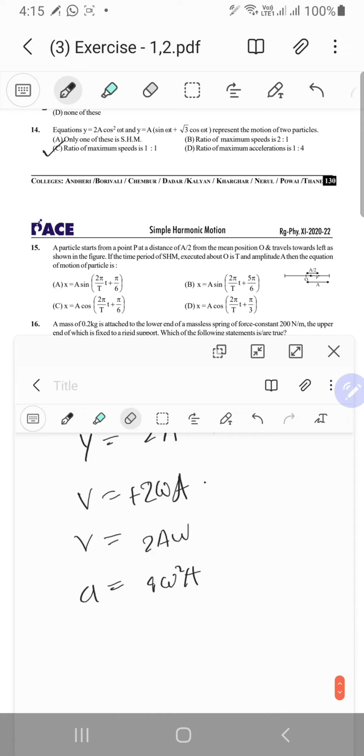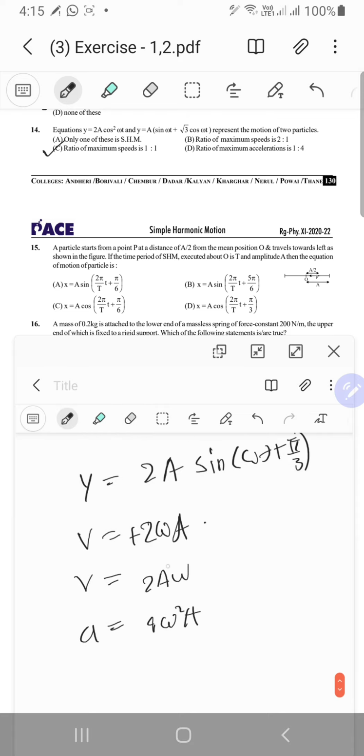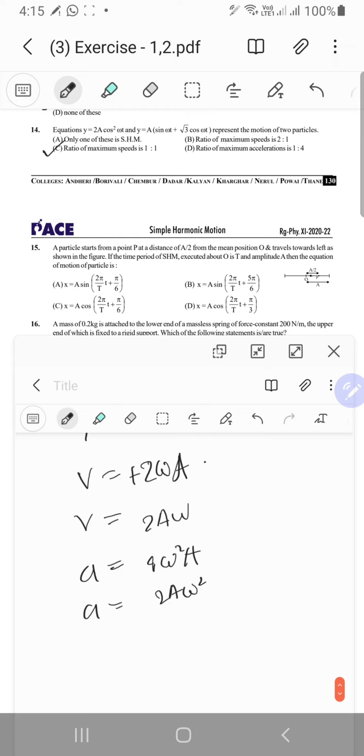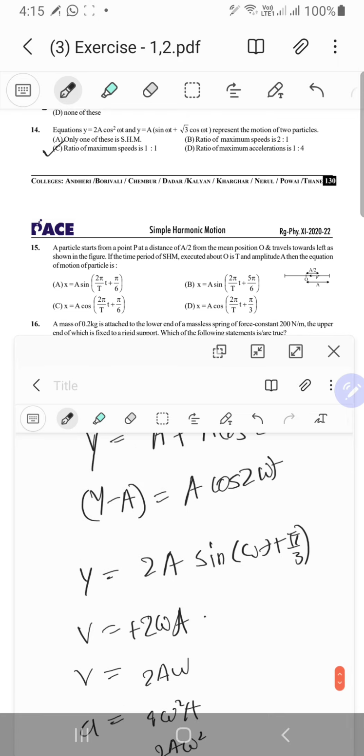And over here, we just get this thing squared, so just 2a omega squared. So the ratio is 2:1. Yes. Sorry. No. 1:4? Well, no. No, no, no, no. That's not what I'm getting.